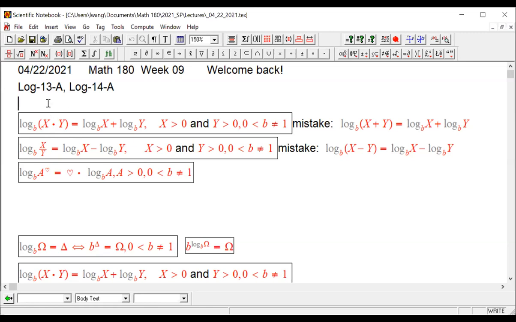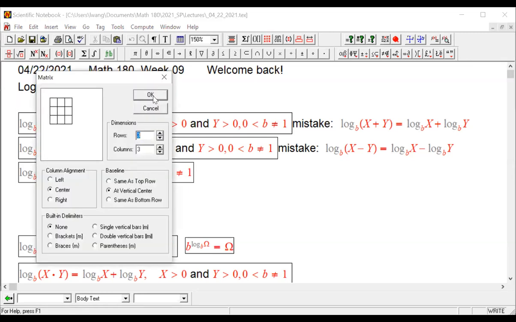Now let's take the first one in number 13, 13a. For you to watch the comparison, I'm going to set up a table here.